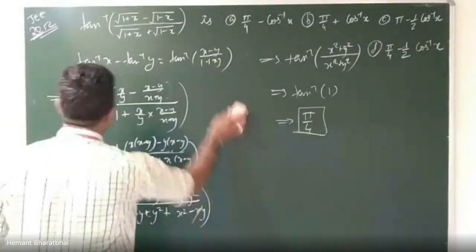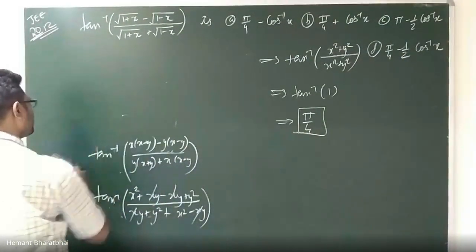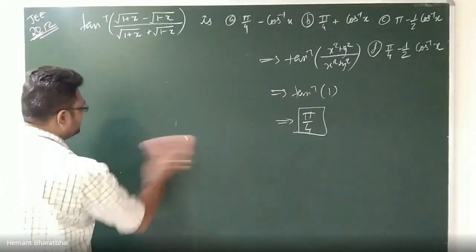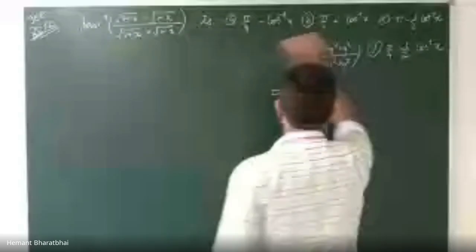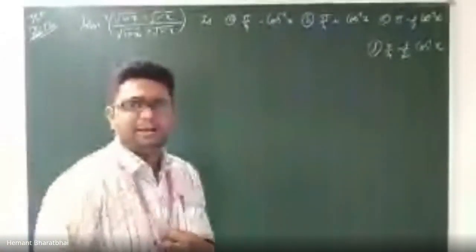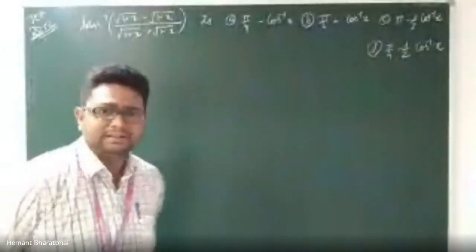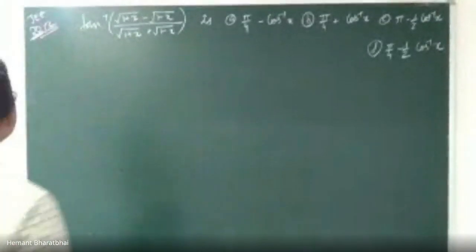Just give it a try, how we are going to do it. Again you can go for rationalization, since algebraic terms are there, but again I have tan inverse over there. Instead, I will go for trigonometry because we are doing trigonometry.